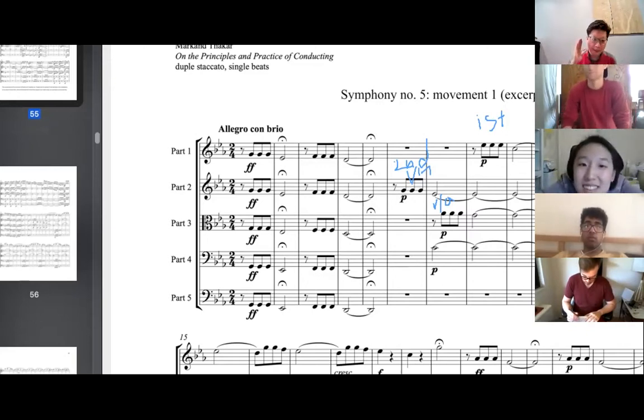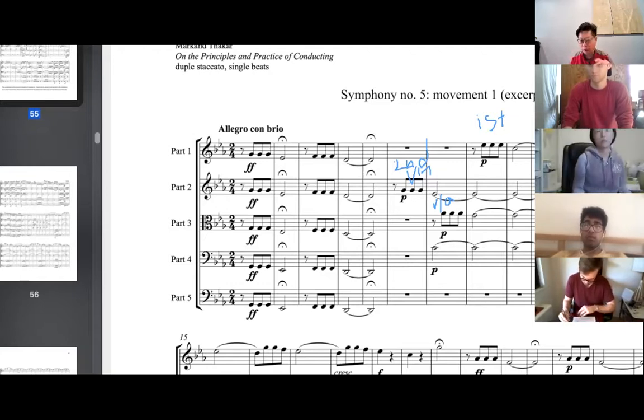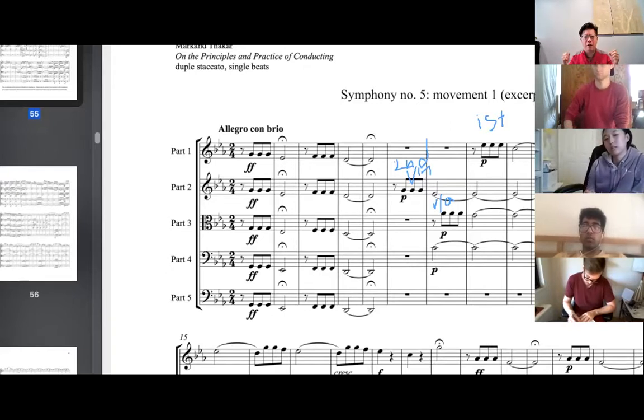So you have to have the tempo in mind, first of all, before you begin. Allegro con brio, 104, 108, feels really fast, especially if you're used to the slower concept. Who has 108? Anybody have 108?